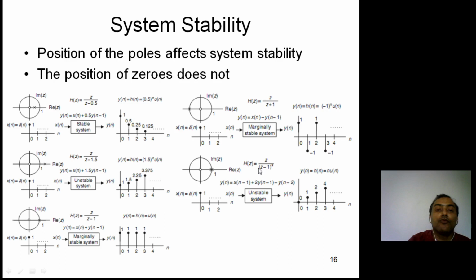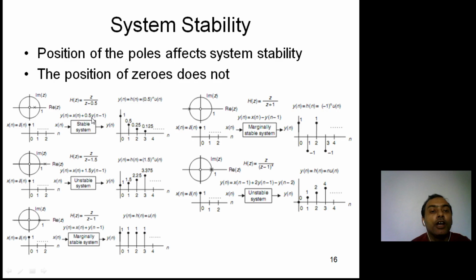This is one example of this transfer function: z upon z minus 0.5. The system is described by the sequence y[n] = x[n] + 0.5 y[n-1], where x[n] is the impulse delta[n]. So this is the system sequence, and this is going to be a stable system.